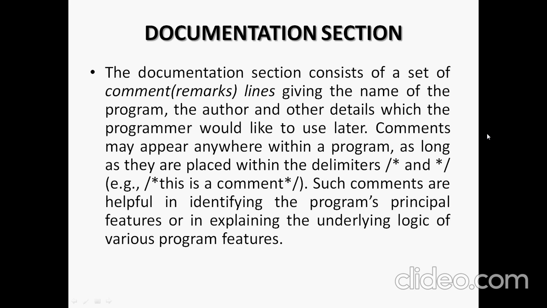Similarly, comment lines may be used anywhere in our program, but the delimiters /* and */ must be used to write them. Whatever you write in between /* and */ are called comments, and those comments are non-executable statements. Our C language compiler doesn't execute these non-executable statements.